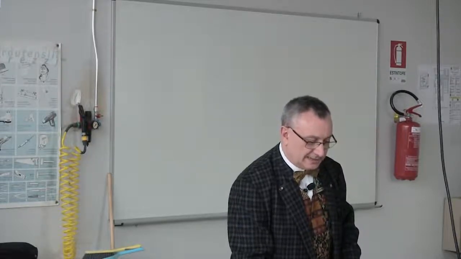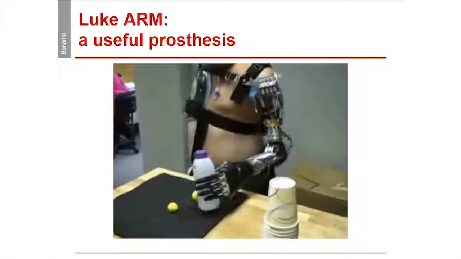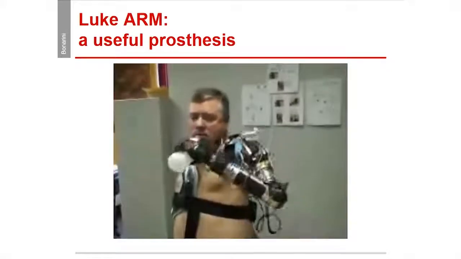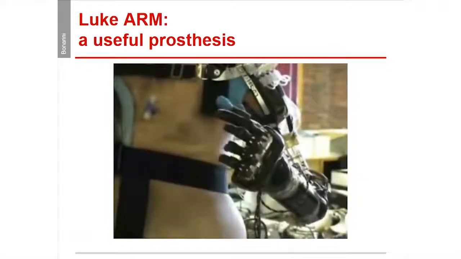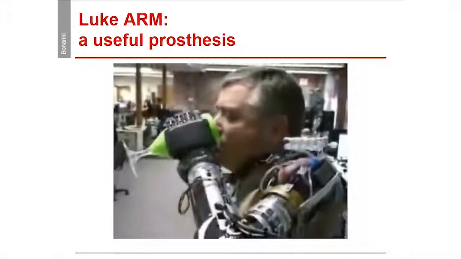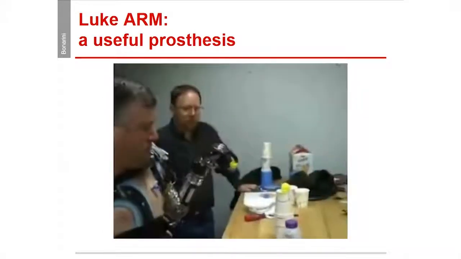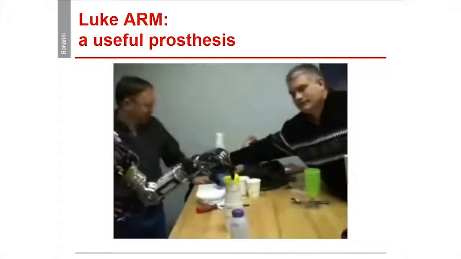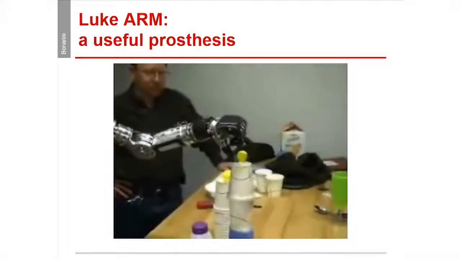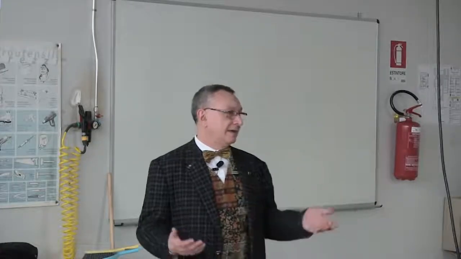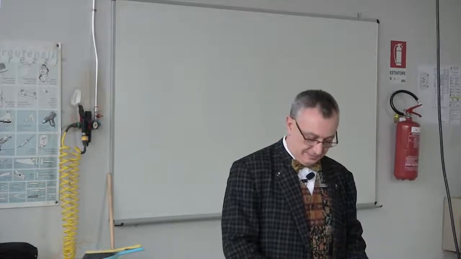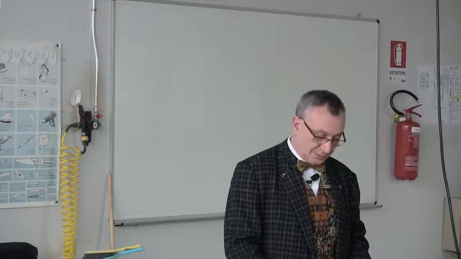We have this guy that has lost both arms, and he can control with the muscular activity of the chest the movement of the arm, which is actually a quite complex robot, and so he is able to do things like this and gains again the ability to do things autonomously at home.